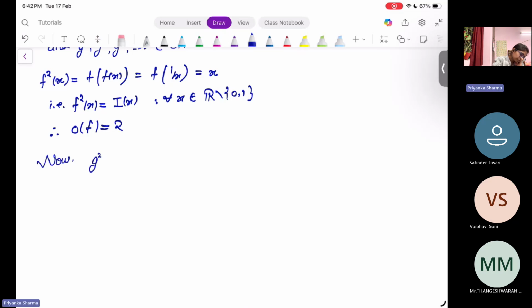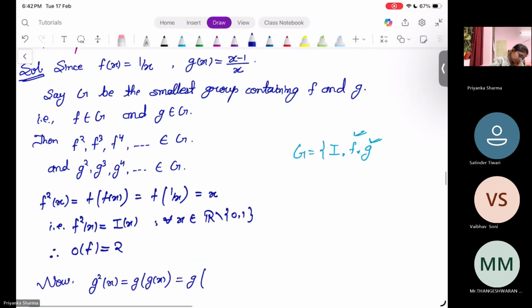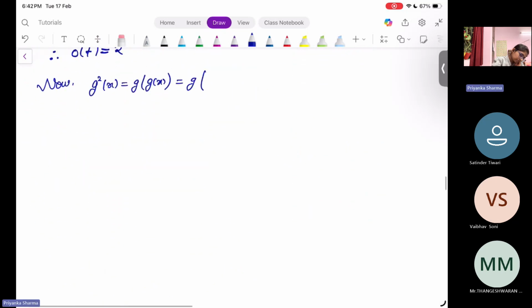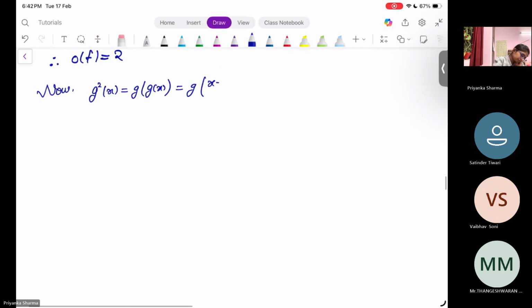What is G square? So G square x will be G of G of x, which is G of (x minus 1) over x. What will be this?